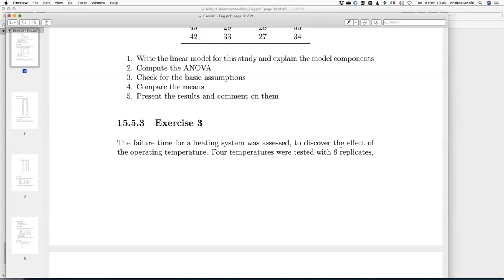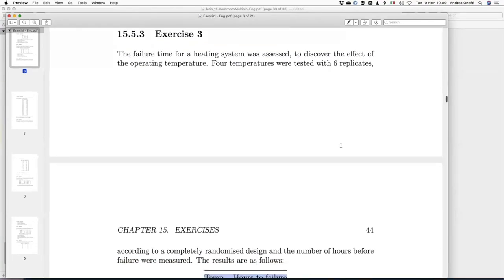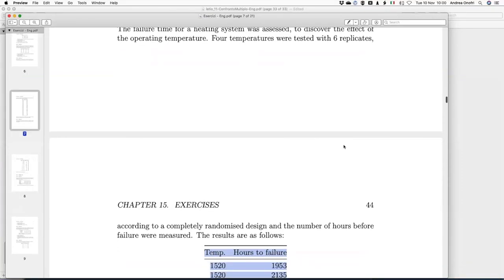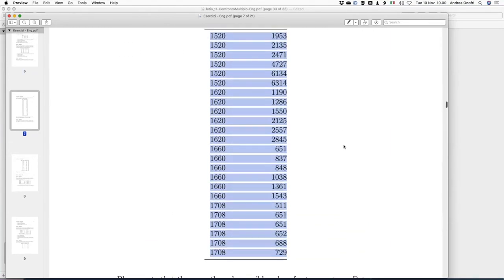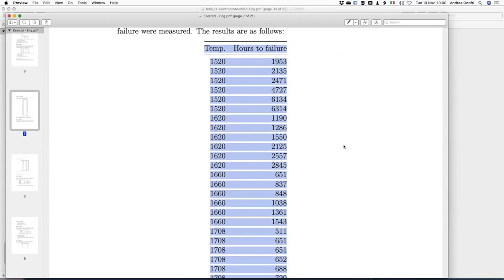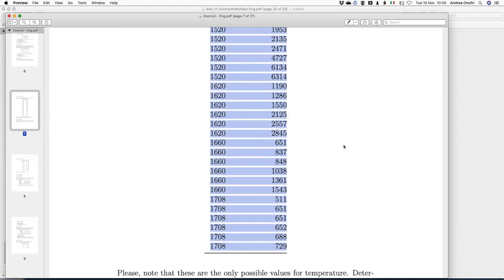We had 6 replicates and measured the number of hours before failure. So we need to find which temperature gave the highest number of hours before failure. That's good, because if the heating system failed later, it is better than failing earlier.